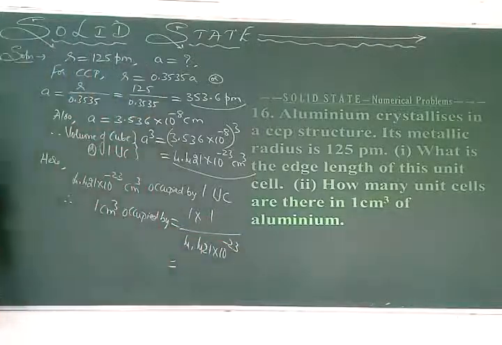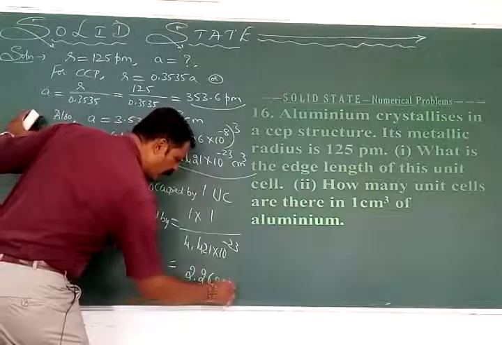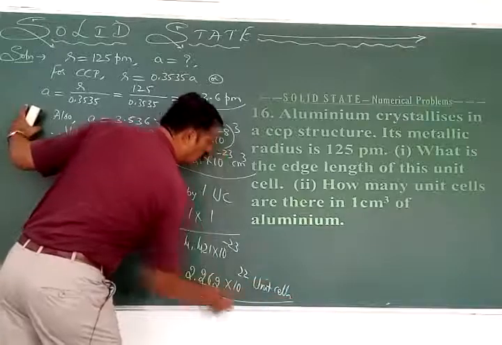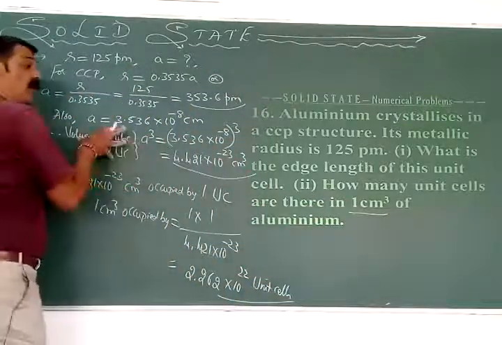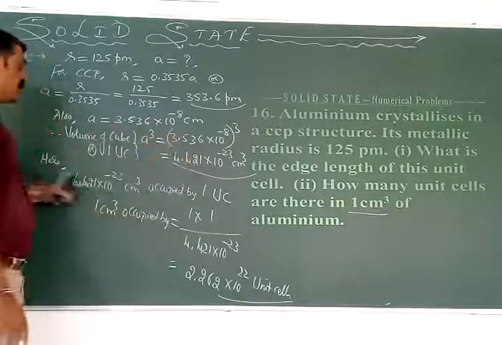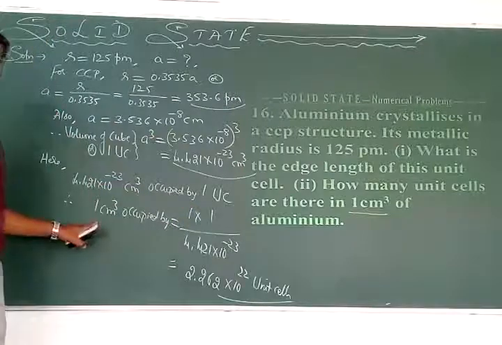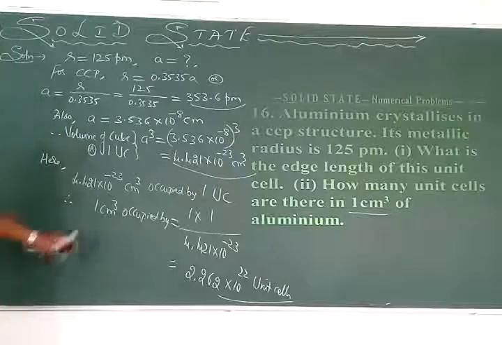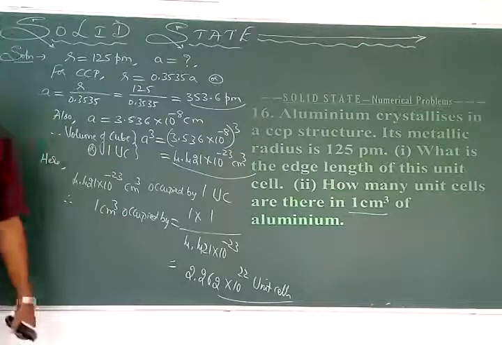On simplification, I will directly write that as 2.262 into 10 to the power of 22 unit cells. The volume of 1 unit cell is 4.421 into 10 to the power of minus 23, and this volume is occupied by 1 unit cell. Therefore 1 cm cube contains 1 divided by that value, equal to 2.262 into 10 to the power of 22 unit cells.